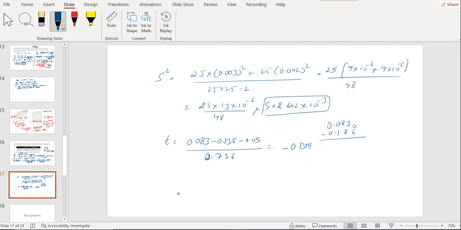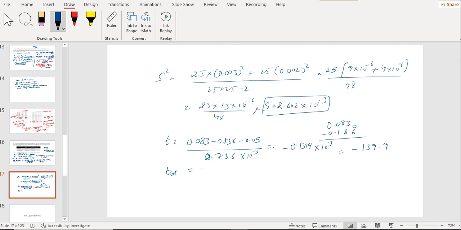But in the denominator we have 10 raised to the power minus 3 also, so we need to multiply it by 10 raised to the power 3. Its value comes out to be minus 139.9. This is the t calculated.